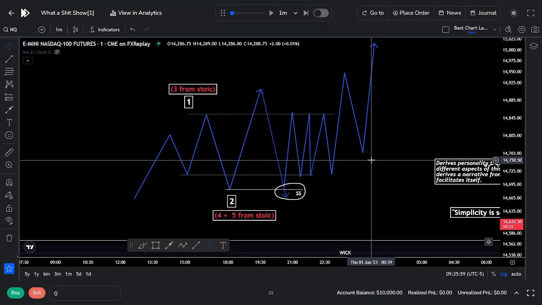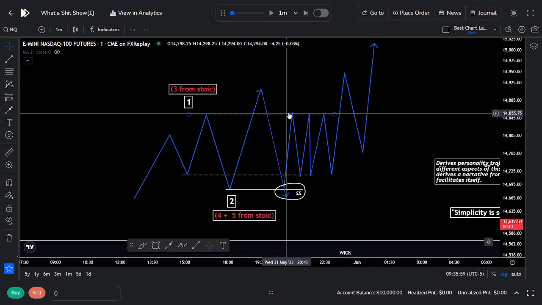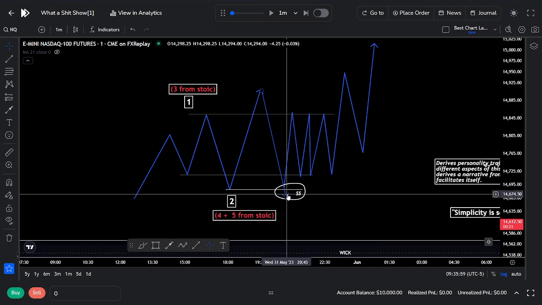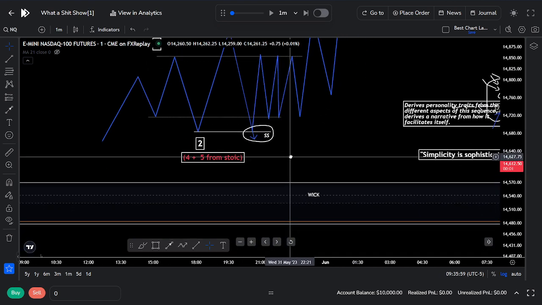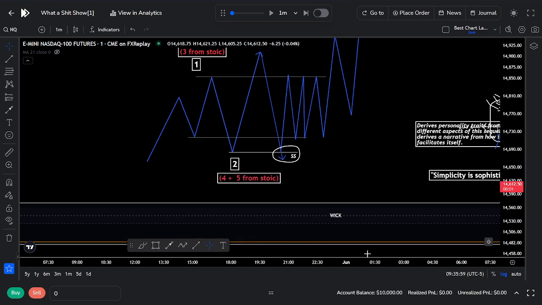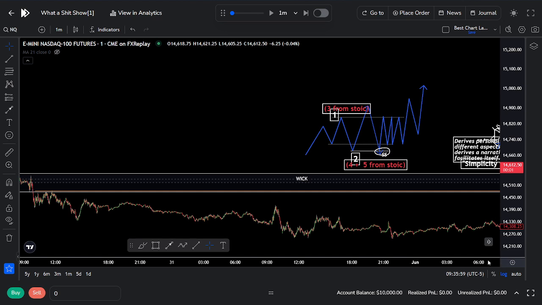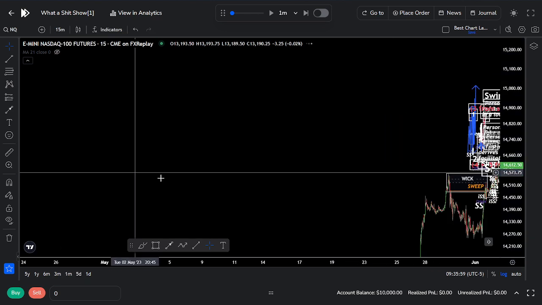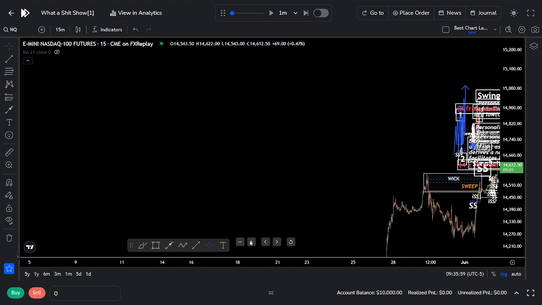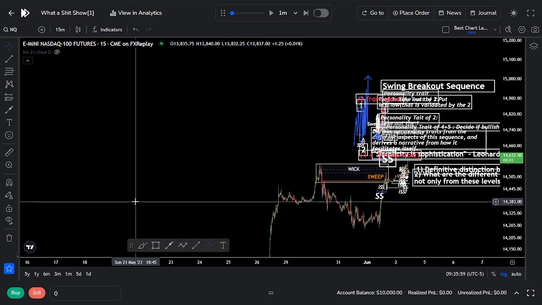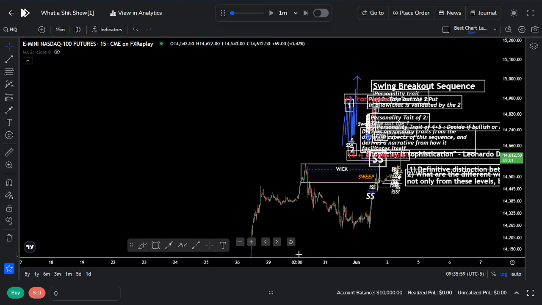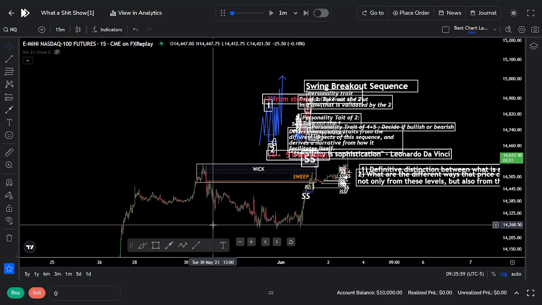Essentially, what he found out through observing SBS is that it's not a guarantee that this higher time frame 4 and 5 delivers to the low. If you look over here, what did I say before?